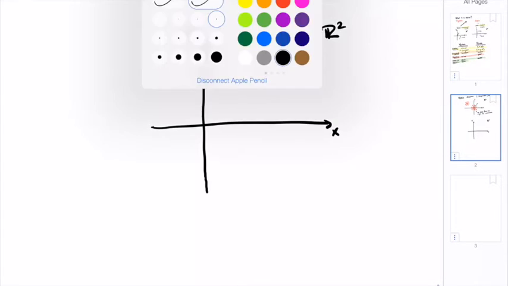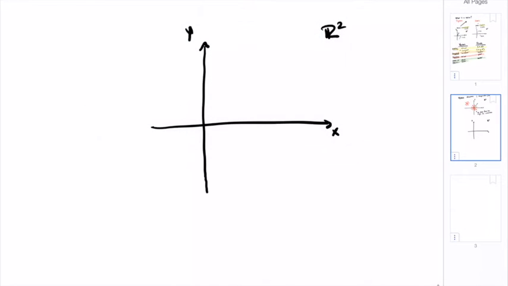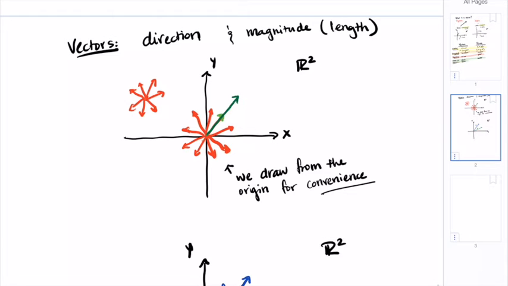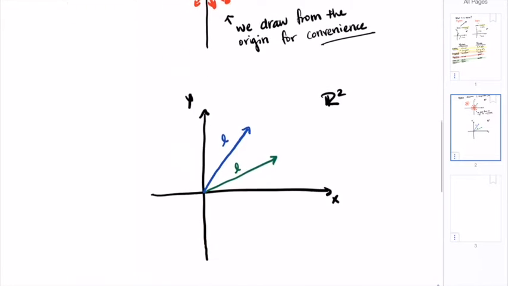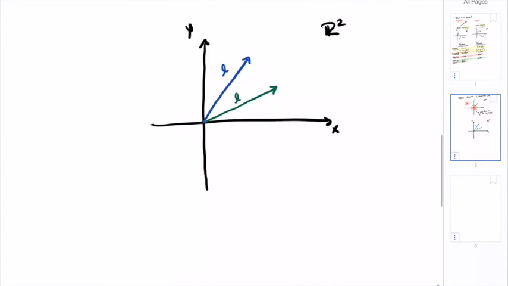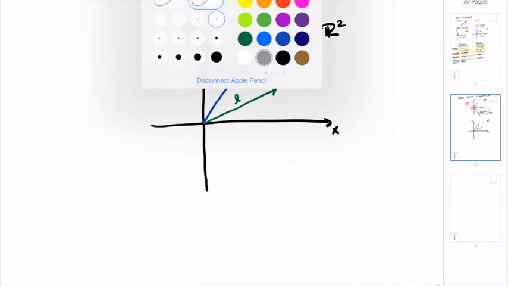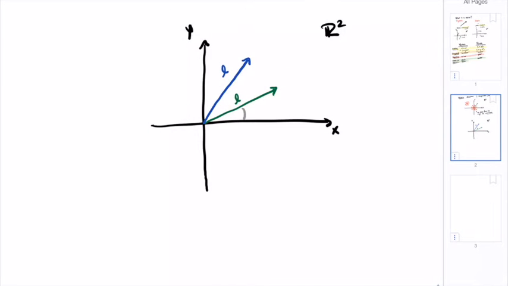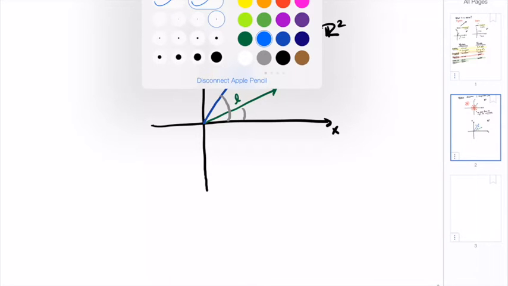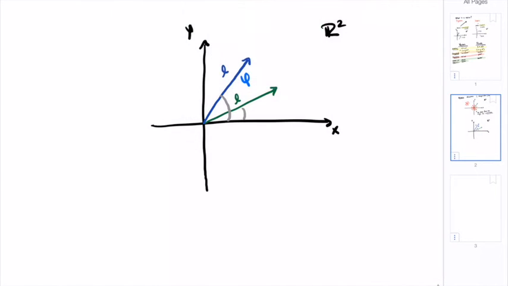Now, let's say I have 2 vectors that are the same length, meaning they have the same magnitude. We embed all of these things at the origin, and I said earlier that we draw it for convenience. The convenience is that we get to see something like angles here. So here I have an angle, and here I have an angle. Let's say the blue vector forms an angle with the x-axis of phi, and the green vector forms an angle of theta.